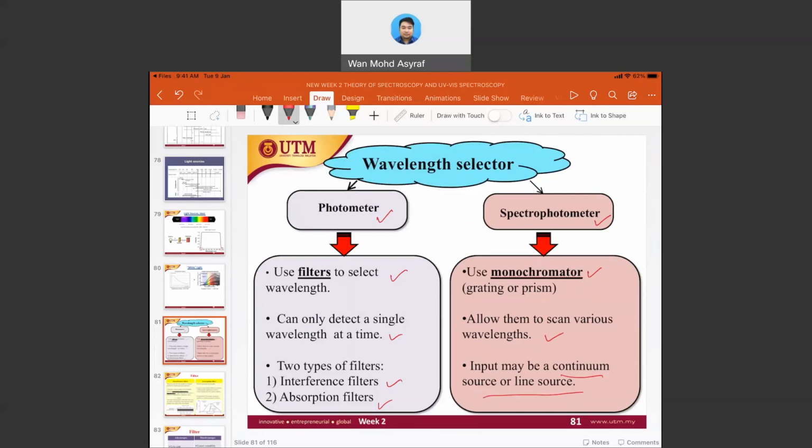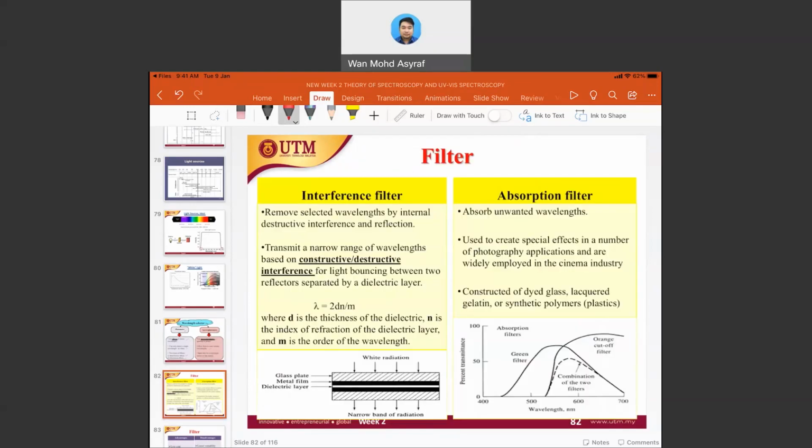The second exercise for this lecture is that I want you to use your own words. Don't follow the notes. Use your own words, your understanding, in terms of differentiating between interference filter and absorption filter.